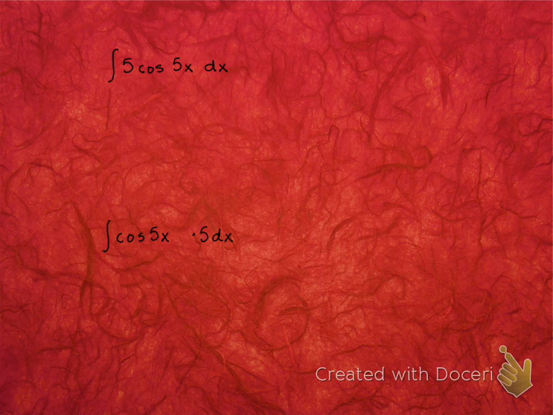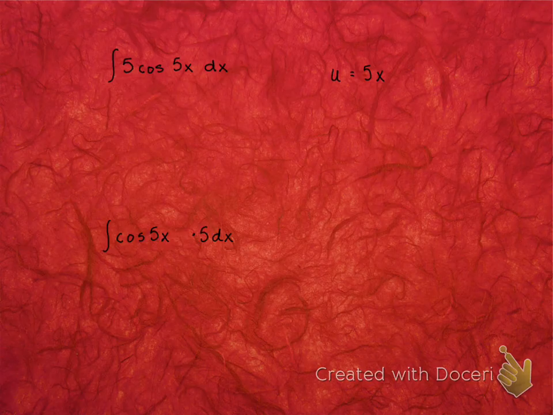Okay? So we'll go back up to the original problem, and our u is 5x. Remember, if we've got something like cosine or sine or an e to a certain power, if you've got anything other than a plain old ordinary, everyday, all by itself, boring old x, then it's a u.